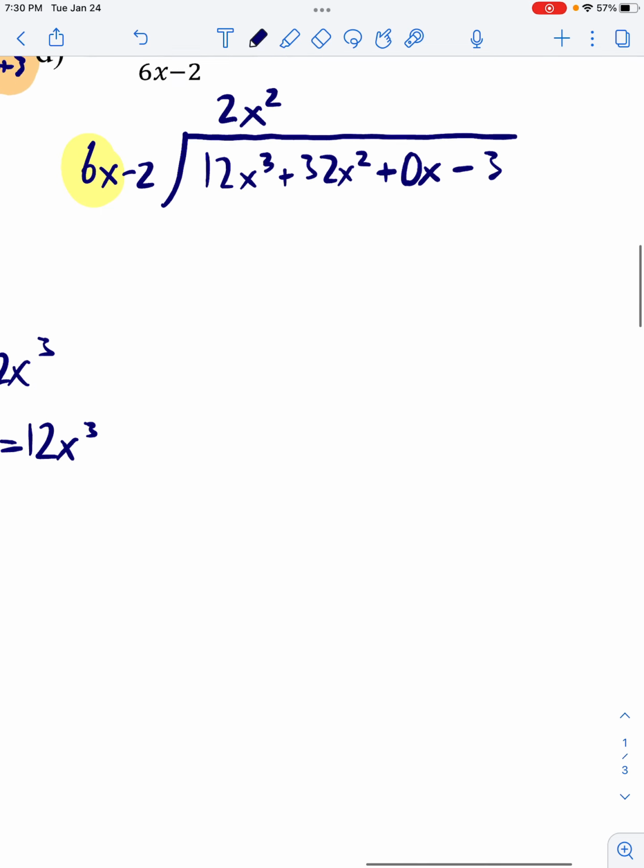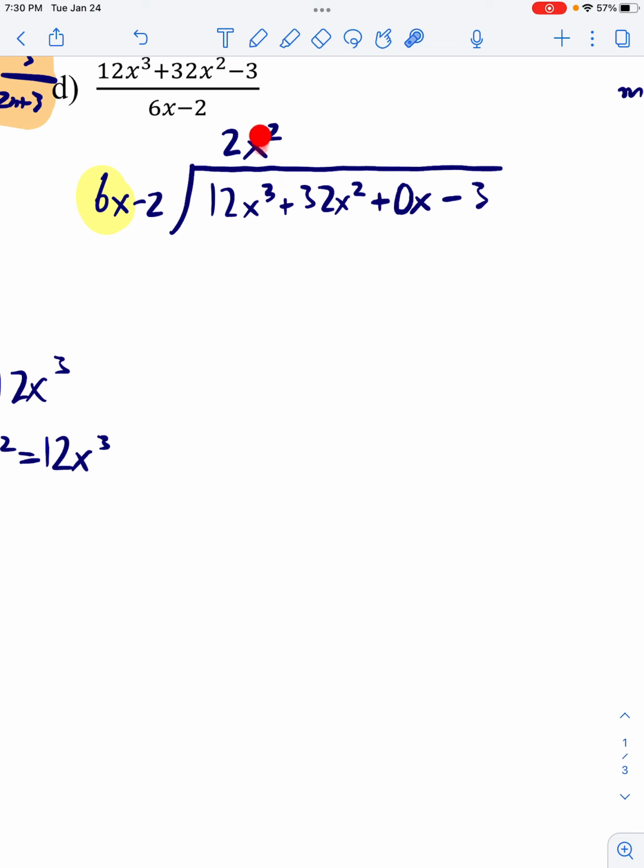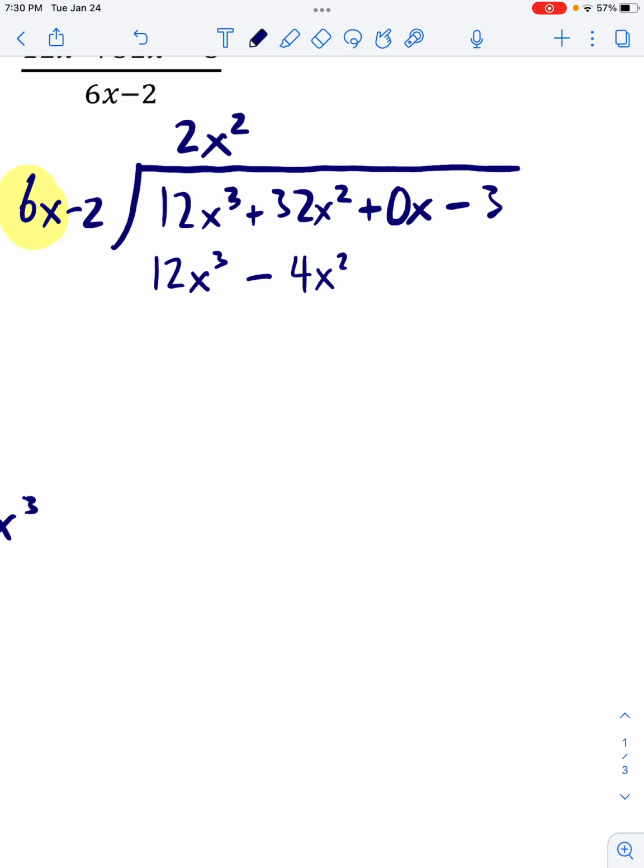All right, then let's take this 2x squared and multiply out this binomial, okay? So 12x cubed minus 4x squared. I just multiplied the term I wrote down on top by the divisor and wrote that result down here. Then I'm going to subtract these two.